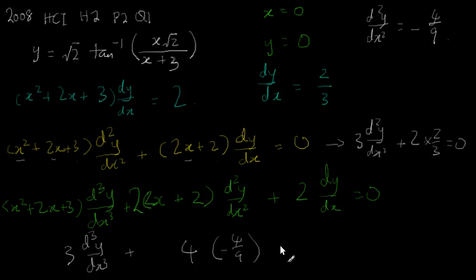And dy/dx is 2/3. So then we can solve for d3y/dx cubed. That would give 4/27. So now that we have these three derivatives, we are ready to write down the Maclaurin series for y.